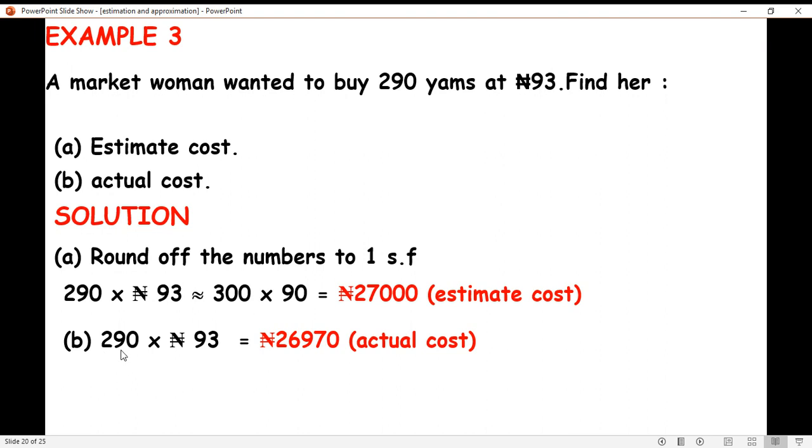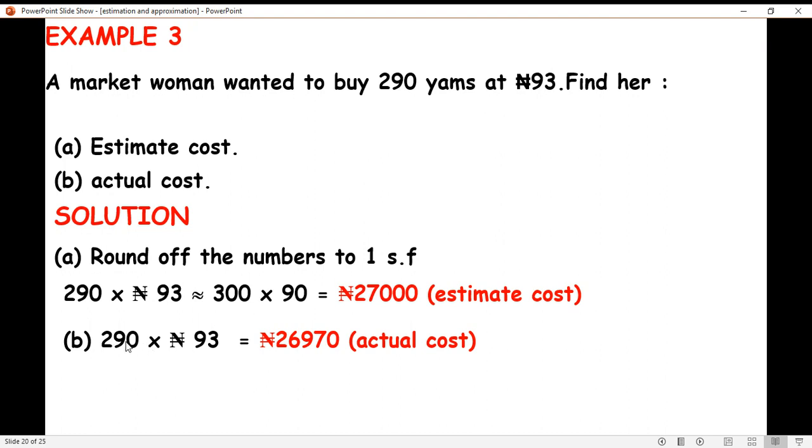Now look at the second one. We have 290 times 93 naira. You don't need to round this because this one is the actual cost. So for the second part of the problem, you just multiply 290 times 93 naira because you have 290 yams, each sold at the rate of 93 naira.